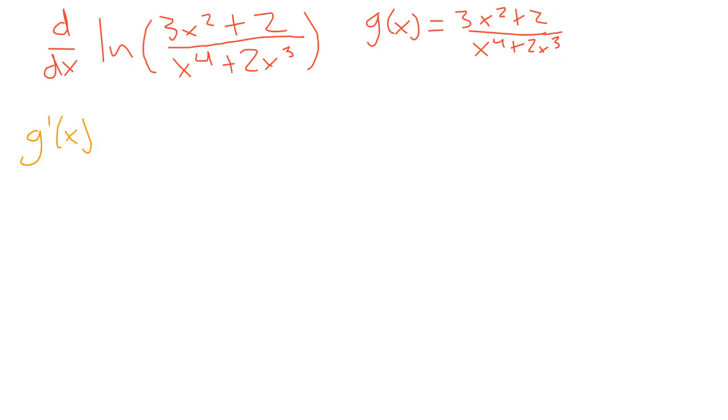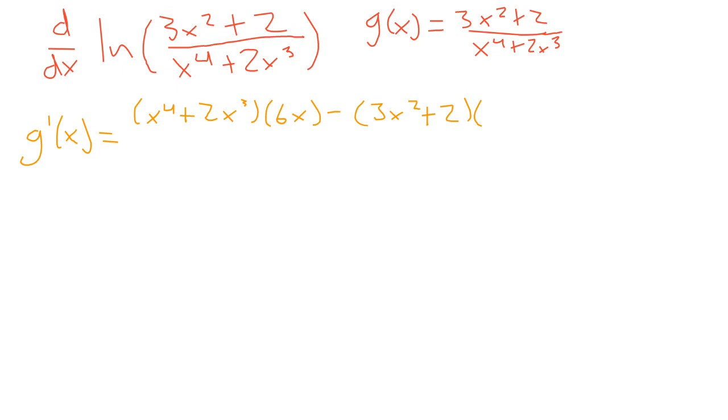So now let's apply our quotient rule. Our quotient rule, of course, is going to be our denominator, which is x to the 4th plus 2x cubed, times the derivative of our numerator. The derivative of 3x squared plus 2 is going to be just 6x, minus our numerator times the derivative of our denominator.